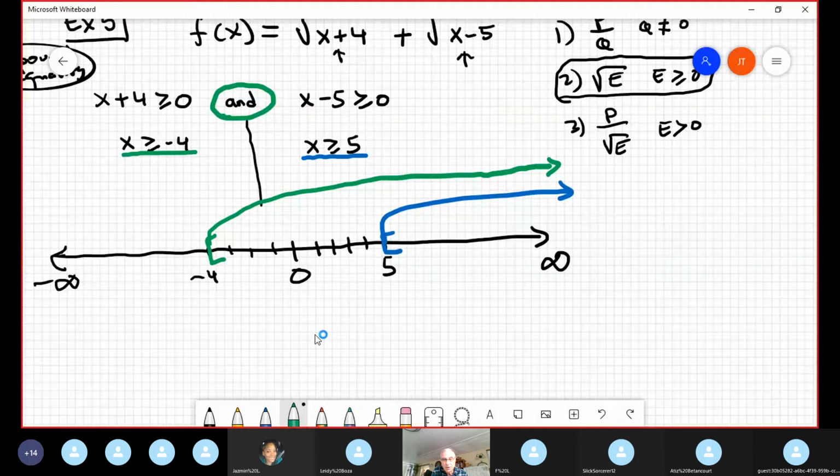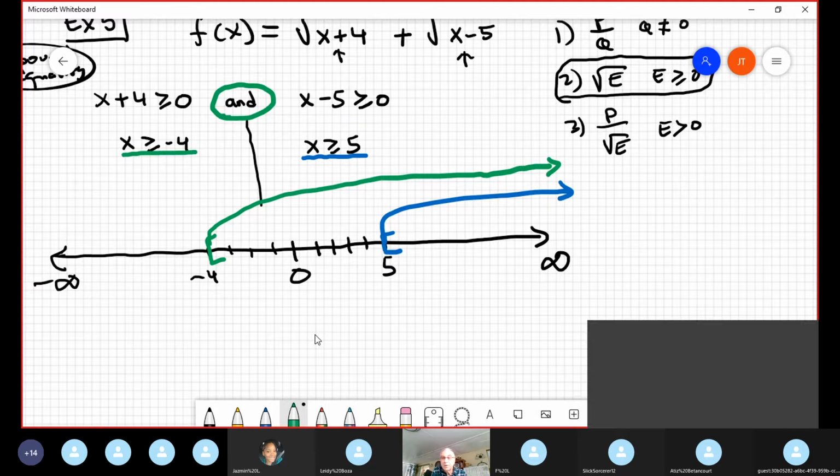What is the part that both intervals share? Everything greater than or equal to 5. So, in other words, let me use this nice rainbow color for this part.